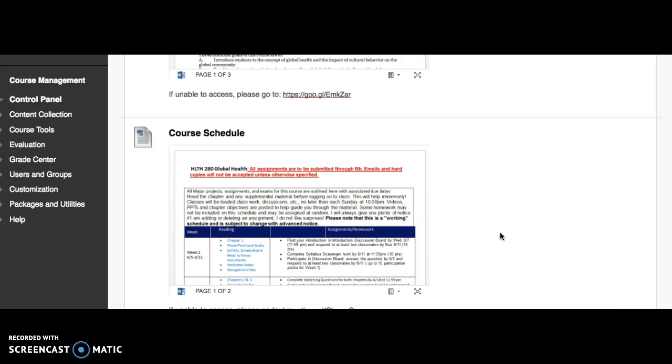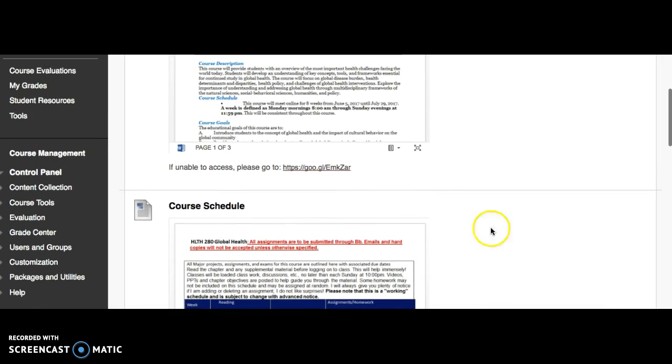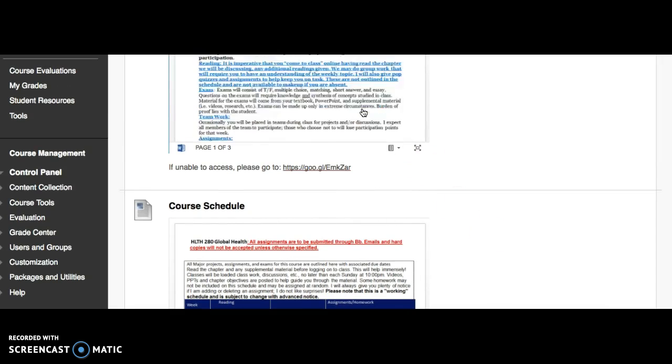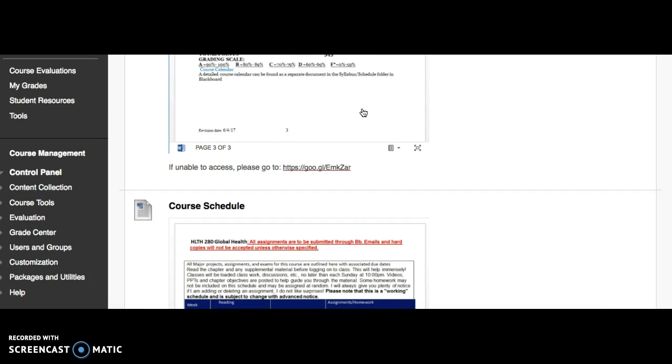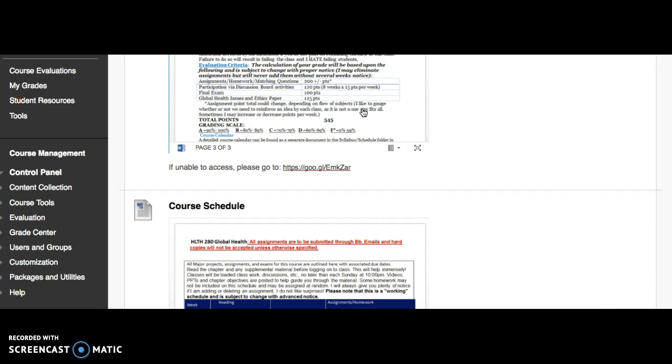I have tried to set it up in a weekly format so that you can look ahead, know what chapters we're going to be covering each week, and what kind of assignments you can be expecting each week. Now, on that note, and I have included this in both the syllabus and the assignment schedule, if you look at the assignment, homework, and matching questions, I have it as 200 plus or minus.